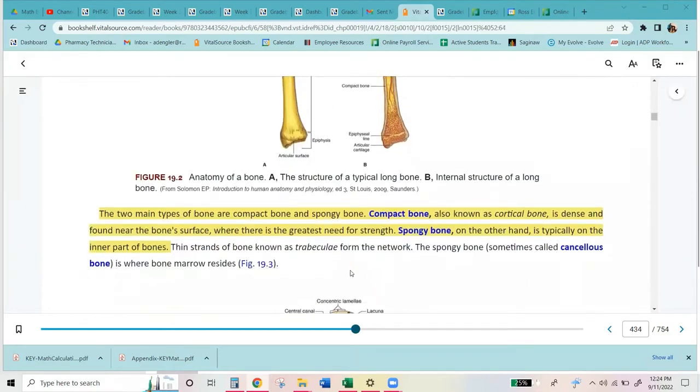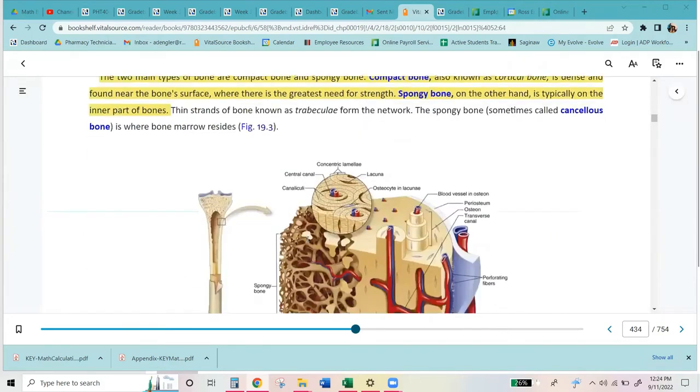The two types of bone are compact and spongy. Compact is also known as cortical bone. It's dense and found near the bone's surface where there is the greatest need for strength. Spongy bone, on the other hand, is typically on the inner parts of the body. And the spongy bone, which is sometimes called the cancellous bone, is where bone marrow resides.